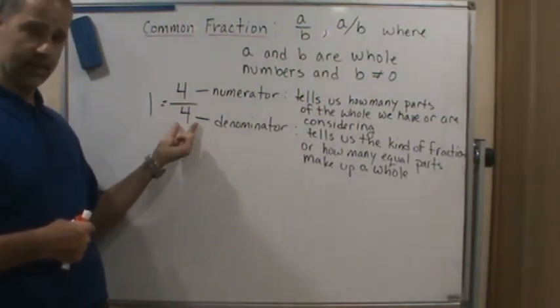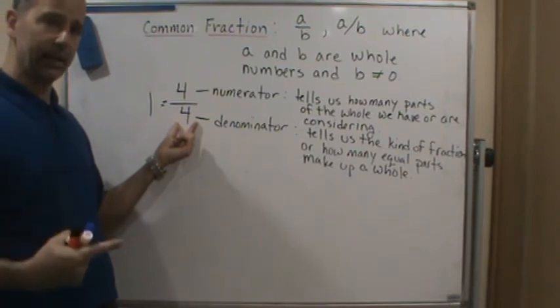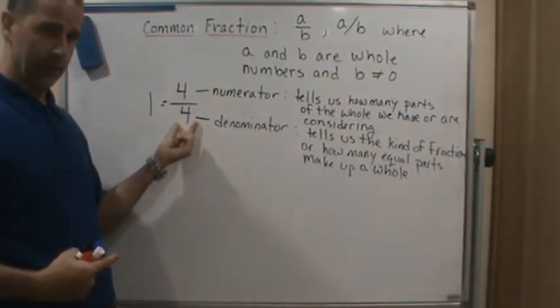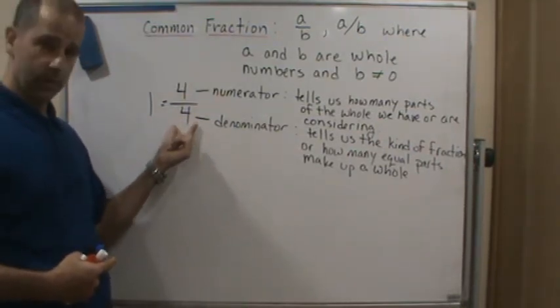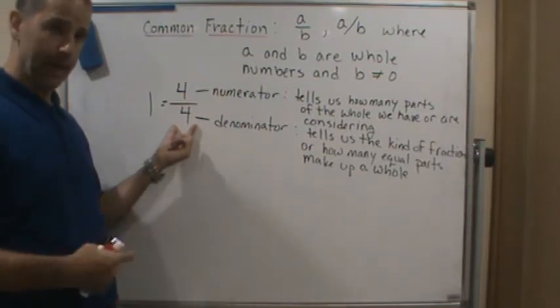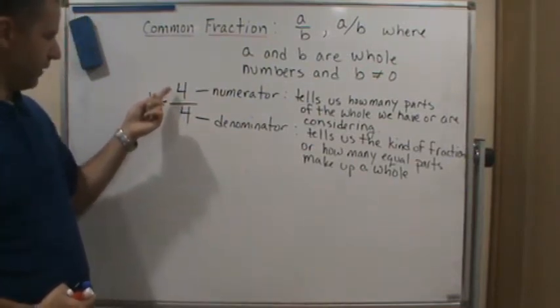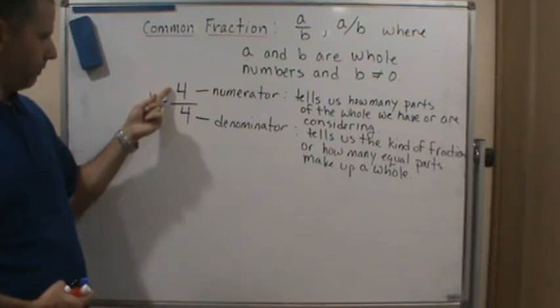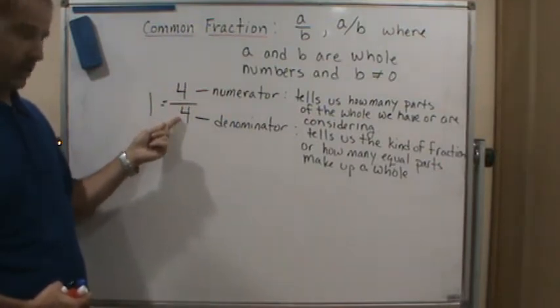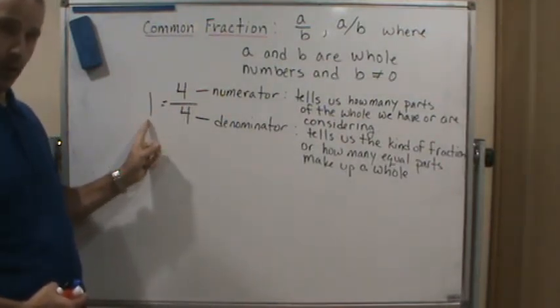So again, this tells us in essence what kind of fraction we're dealing with, and in other words, how many pieces make up a whole. In this case, if I have 4 of the 4 pieces, that makes one whole.